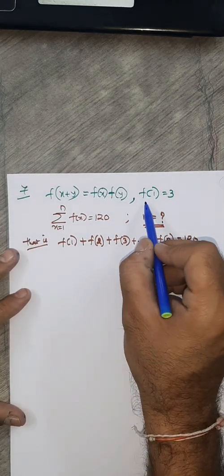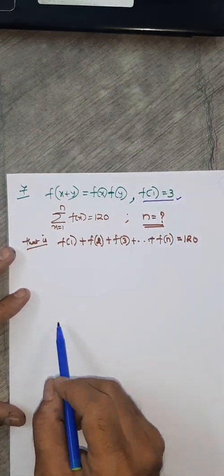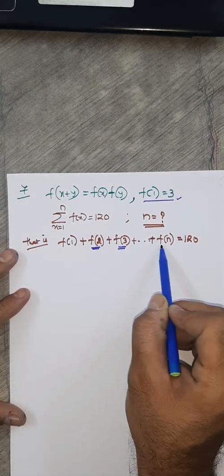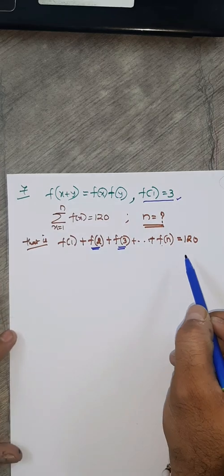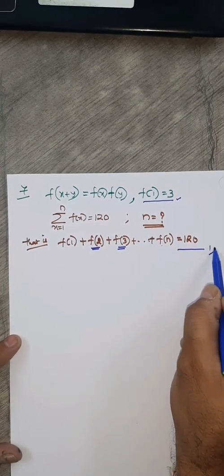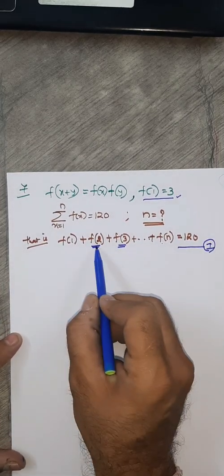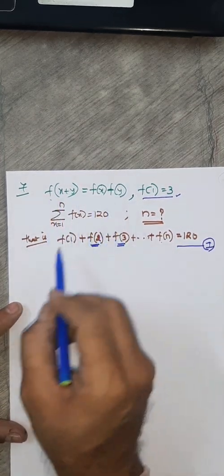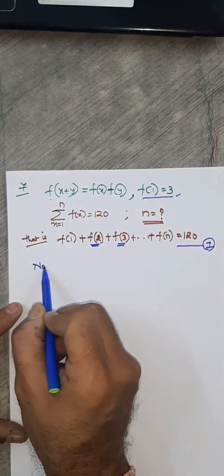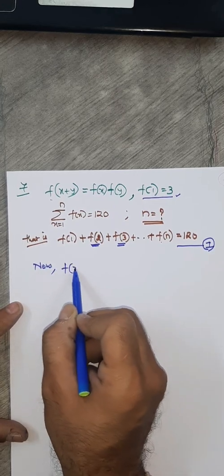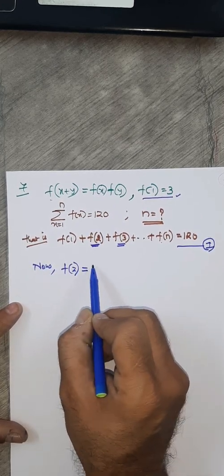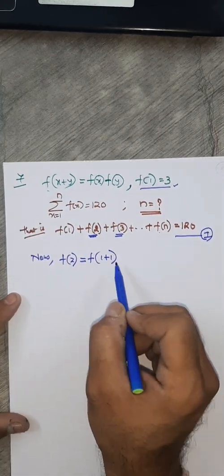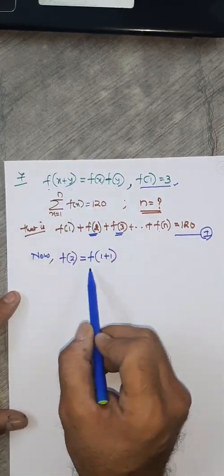Now here f of 1 is given, that's 3. So we find f of 2, f of 3 and f of n, and put them in this expression. Let me call this 1. Okay, we find f of 2. How do we find f of 2? With the help of this relation. Now f of 2 I can write as the addition 1 plus 1, x plus y.